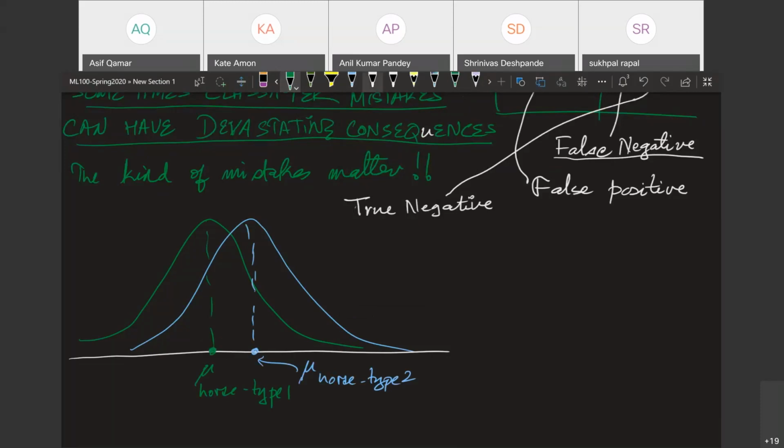And let us say that the axis is the size of the horse. It is quite possible, and it happens, that two species of horses are very near each other in size. So what will happen? It agrees with common intuition that you will have a pretty high error rate, isn't it? Do you see that the overlap region is pretty substantial?